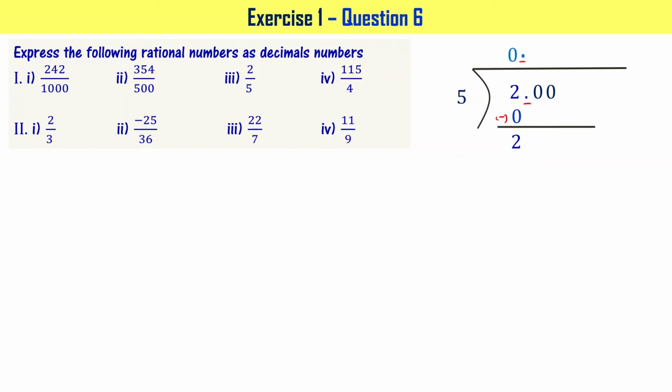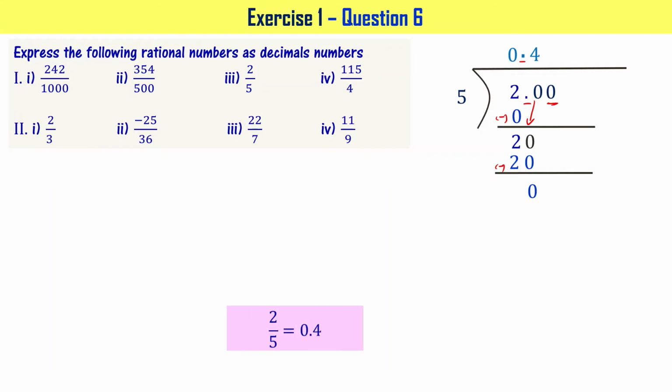Now bring 0 down. This becomes 20. 4 times 5 is 20. When you subtract, you have 0 as the remainder. So there is no point actually having more zeros. I could have only started with 2.0, right? But I have written extra zeros, no issue. So to answer the question, I can write 2 by 5 as 0.4.